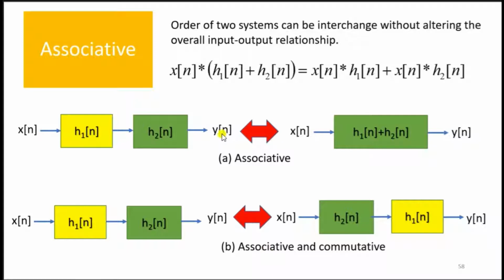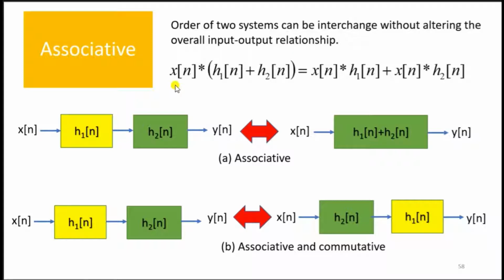Associative is a property that is similar to the cascaded commutative. You can see here the order of two systems can be interchanged without altering the overall input-output relationship.